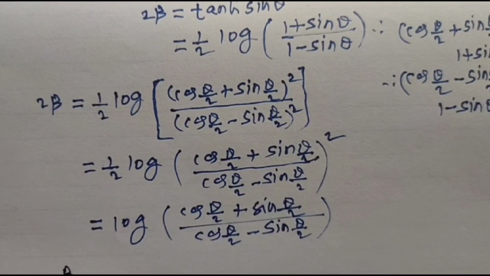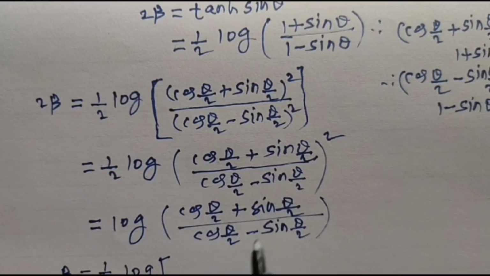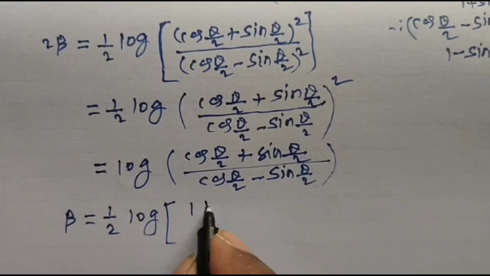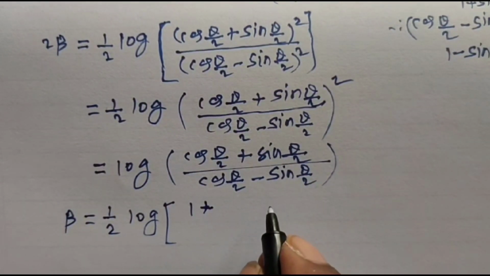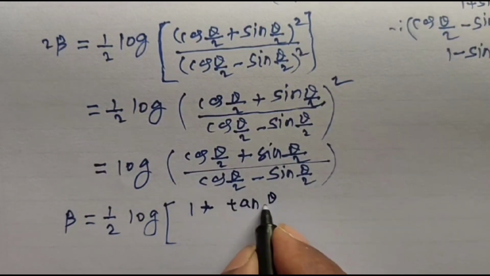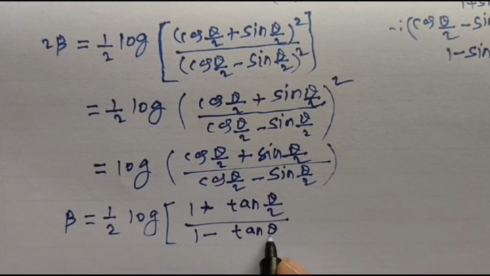Beta is equal to 1 upon 2 logarithm of. Now divide the numerator by cos theta upon 2 and divide the denominator also by cos theta upon 2. Then we can write 1 plus sin theta upon 2 divided by cos theta upon 2, that is tan theta upon 2, divided by 1 minus tan theta upon 2.